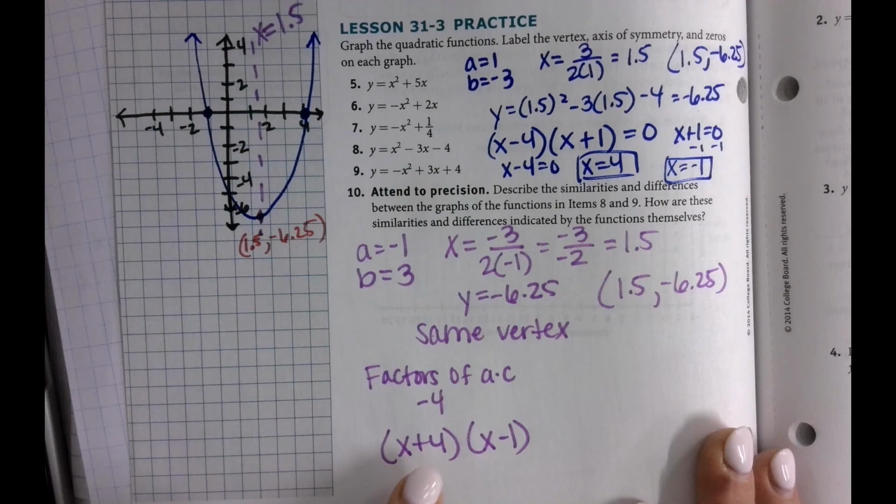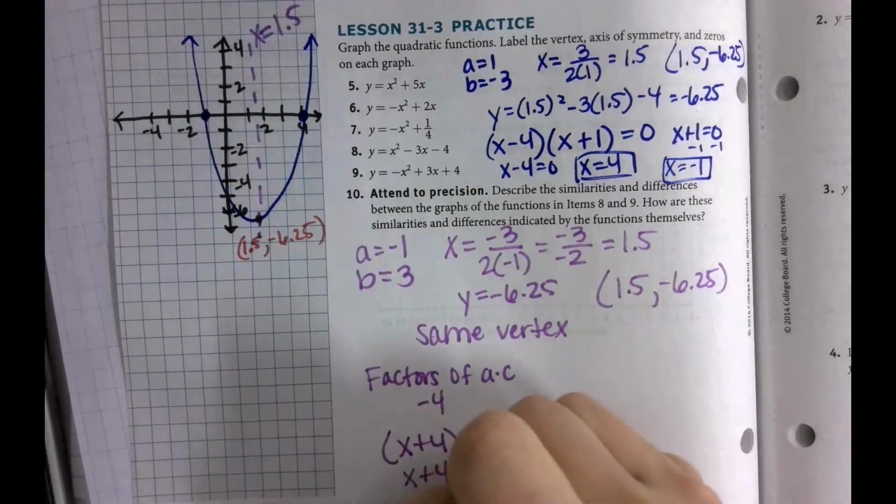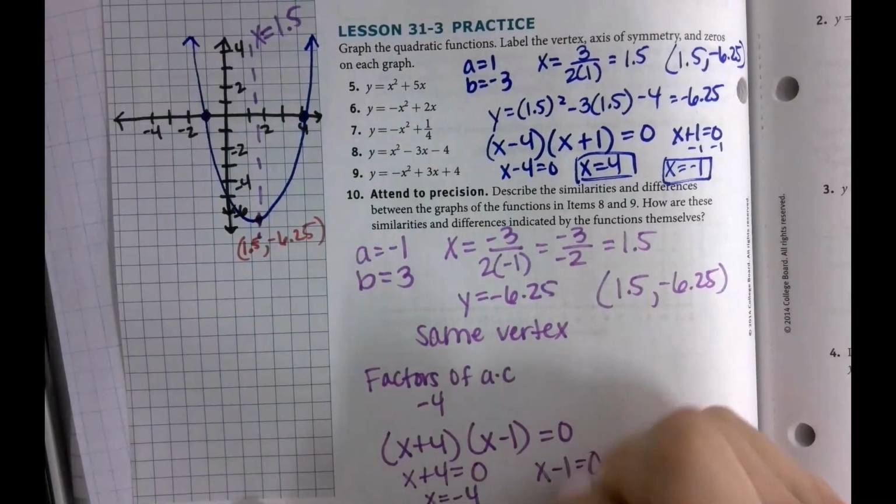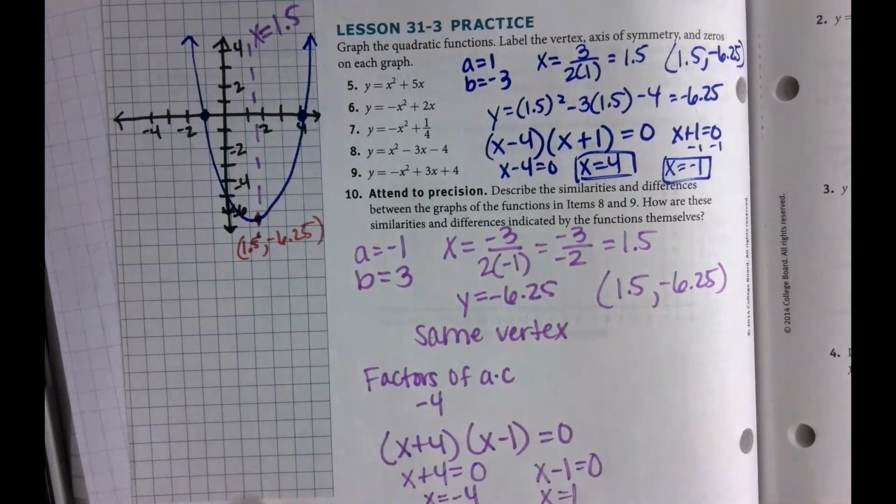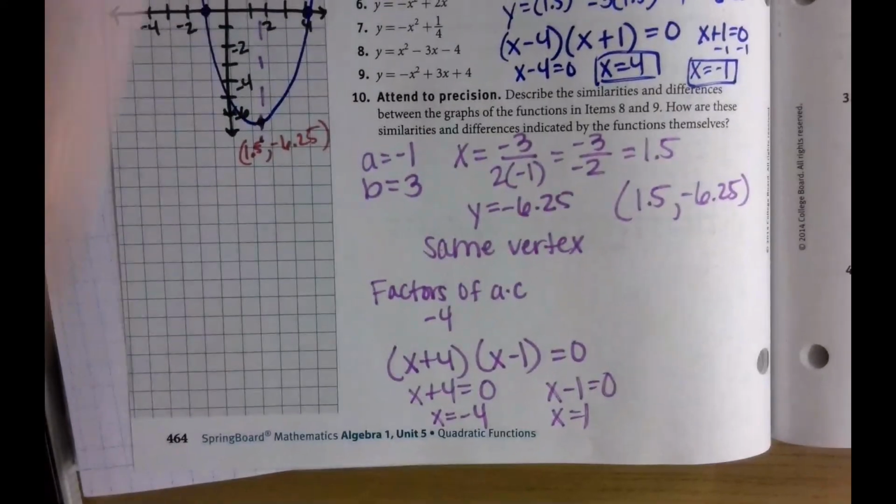Put these equal to 0. x plus 4 equals 0, so x equals -4. x minus 1 equals 0, so x equals 1. So now it's putting my x-intercepts at -4 and 1.